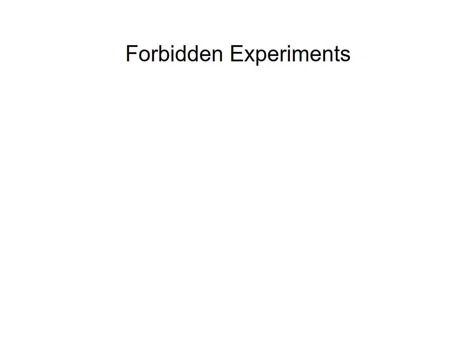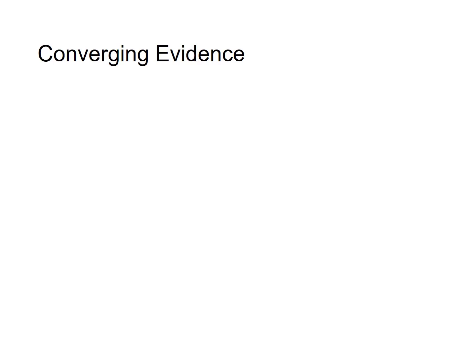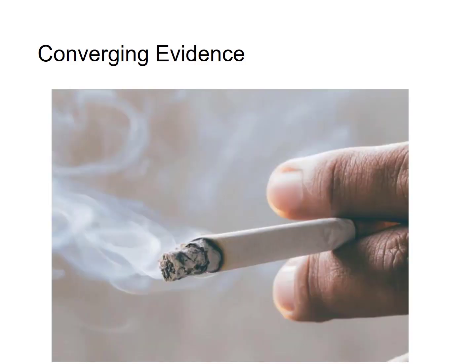That's unethical. In society, sometimes even when we do not have quintessential confirmatory evidence of a causal relationship, we may conclude that there probably is one anyway. This is when we use converging evidence. So there's never been a true experiment with human beings showing that cigarette smoking causes negative adverse health outcomes.